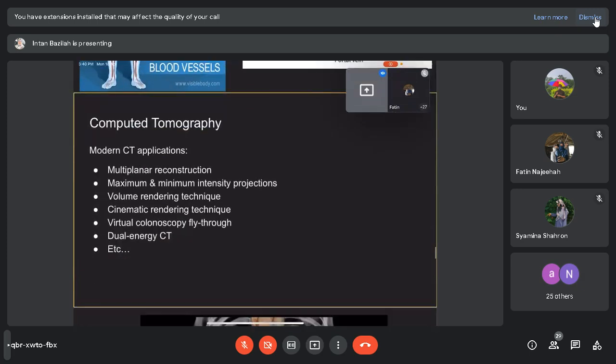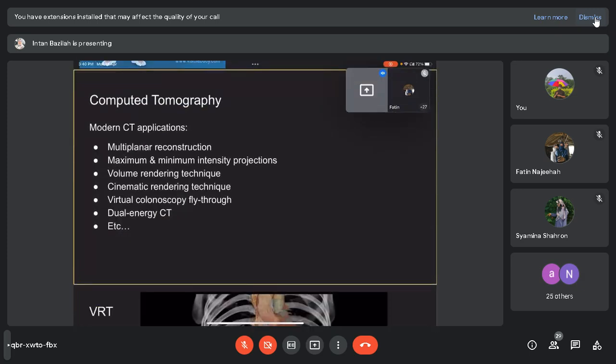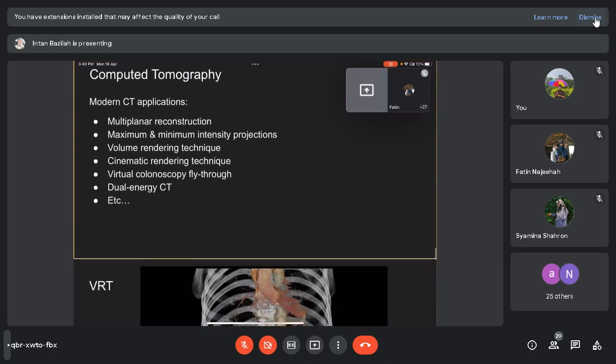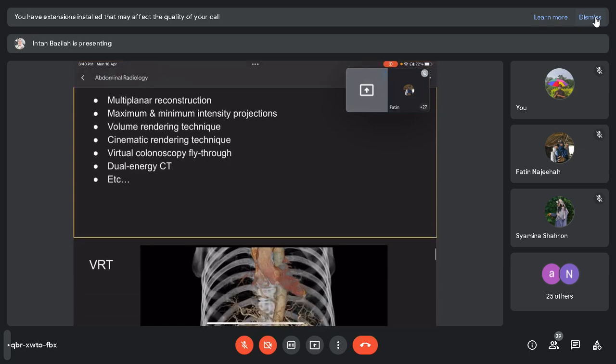Okay, so these are some modern CT applications. We can do MPR, we can do maximum and minimum intensity projection, or MIP. We can do VRT. We can do cinematic rendering technique, and the virtual colonoscopy fly-through I mentioned earlier. Dual energy CT actually has many benefits.